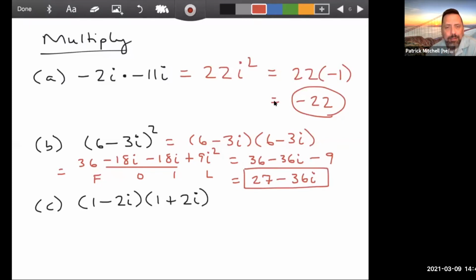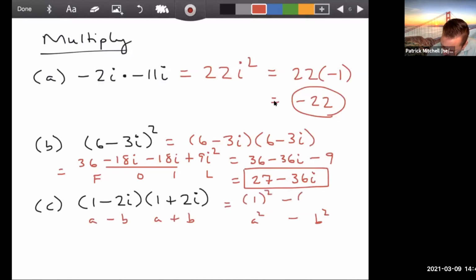All right, and finally we have 1 minus 2i times 1 plus 2i. You could also FOIL that one, but I would prefer to do it this way. Notice this is an a minus b times an a plus b. And whenever you multiply an a minus b times an a plus b, you get an a squared minus b squared. Playing the role of a is 1.